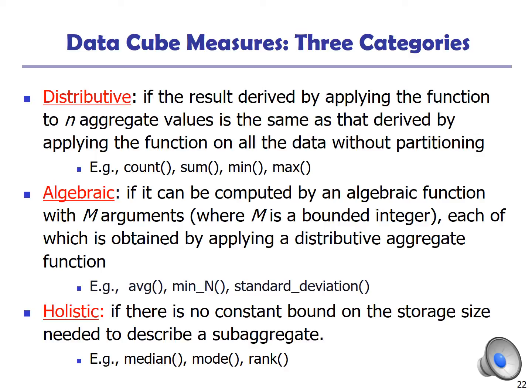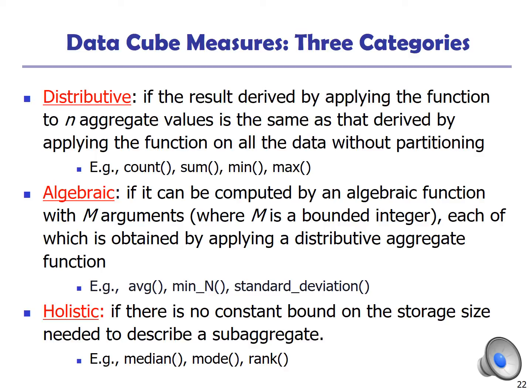So the first one is a distributive measure. What that means is if you can find the result by applying a function on a smaller subset of values and add the results together, and you get the answer on the final total set, then it's called a distributive measure. An example is count, sum. Let's say you have 100 values.